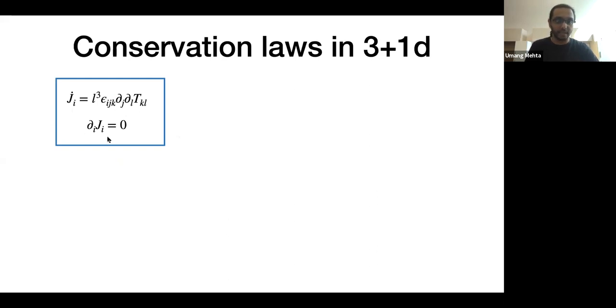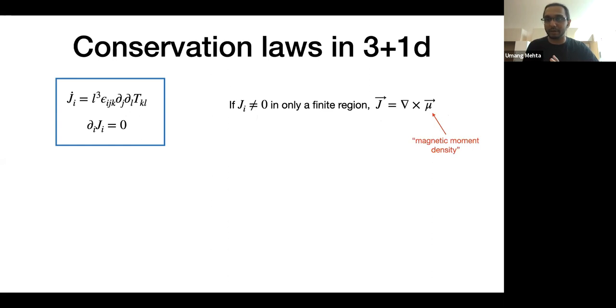The charge density is also divergenceless. In particular, if we postulate that this Ji is non-zero in only a finite region, it can be written as a curl of some mu. An analogy that is potentially helpful is that mu is some sort of magnetic moment density, and J then would be a magnetization current for the system.